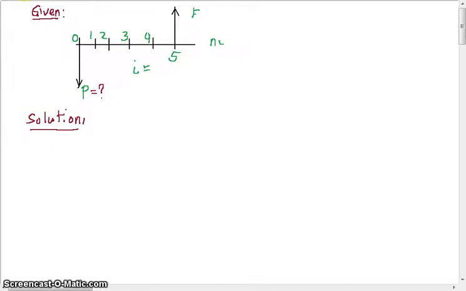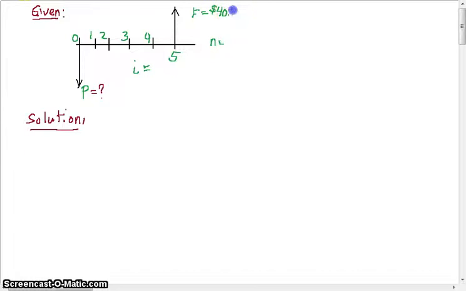Let's look at this, and let's just put a little more information in here. Let's just say F equals, in 5 years, we want to save enough money to buy some large purchase of $40,000, okay?